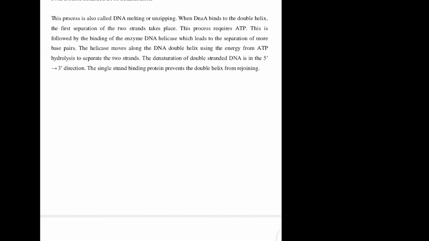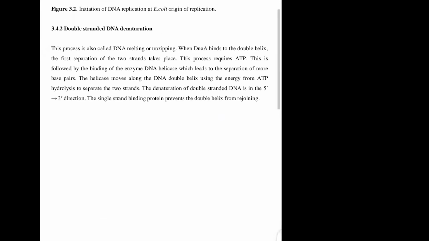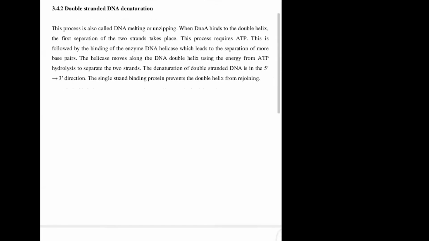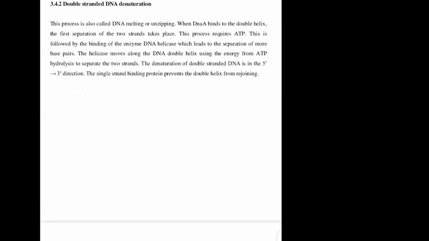So there is actually unzipping or separation of the two strands at that point. Now that process, of course, requires energy in the form of ATP, okay? After which it is followed by binding of the enzyme known as what?